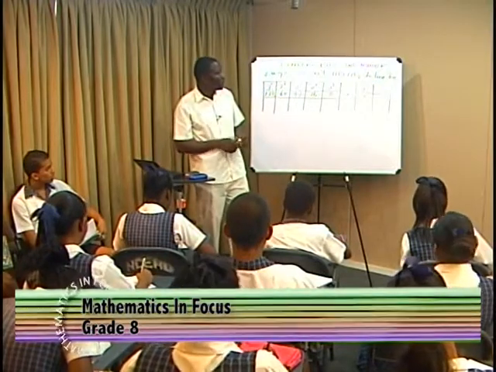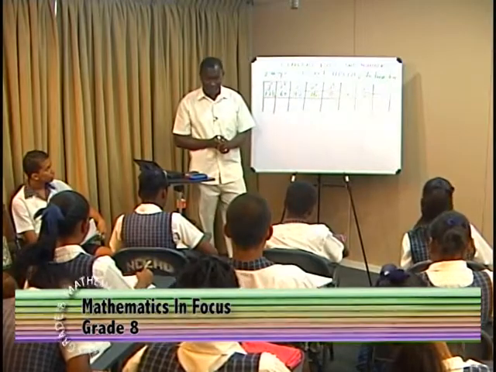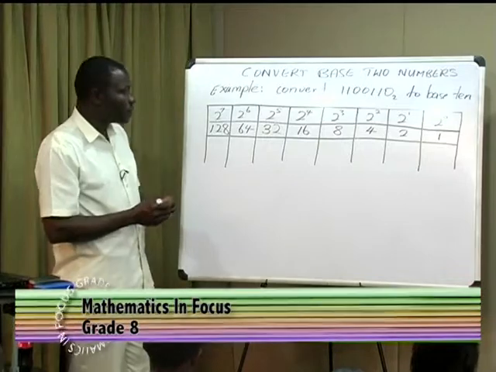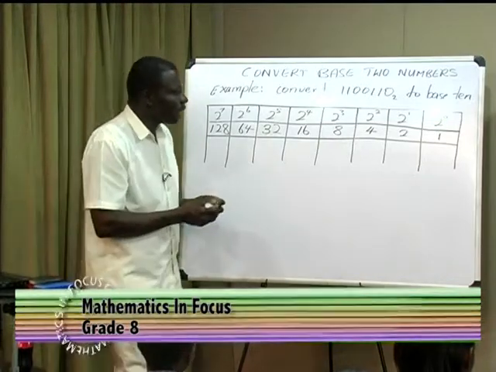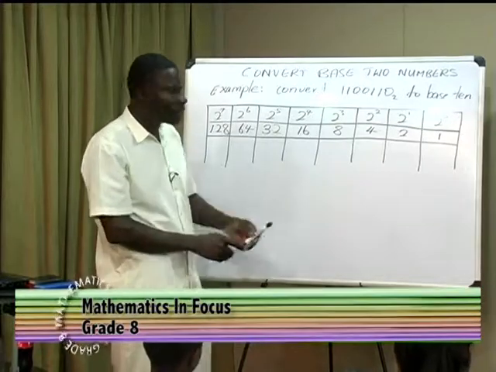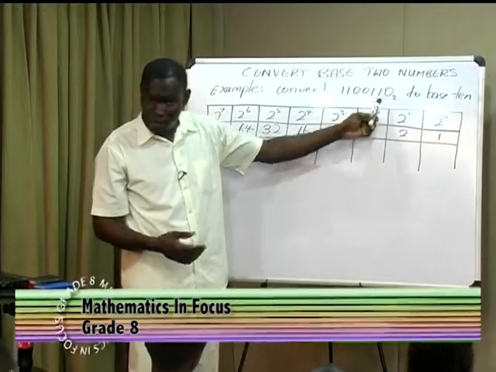So what we do now is, on this grid, we will write this number which we have. That will be our first step, to write this number which we have on this grid. So we can start, remember this 0 here is in the units column. All right, the very first value.